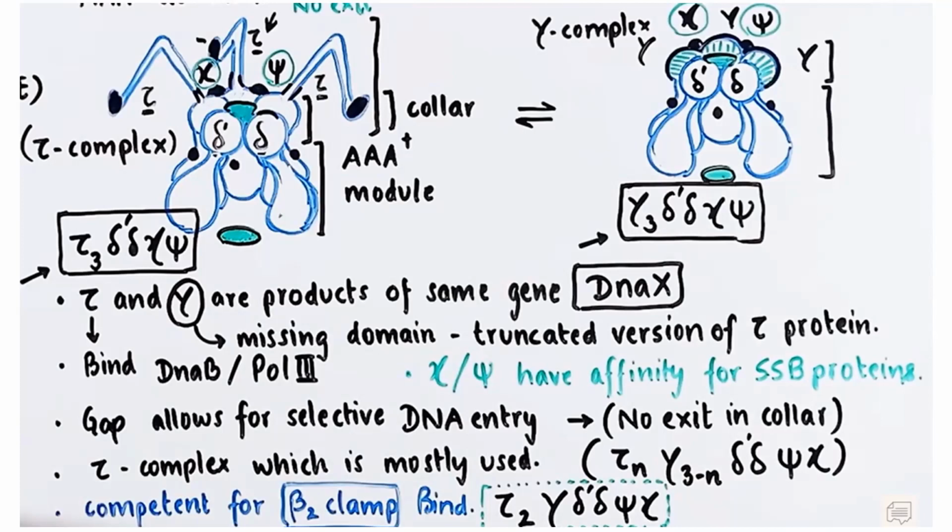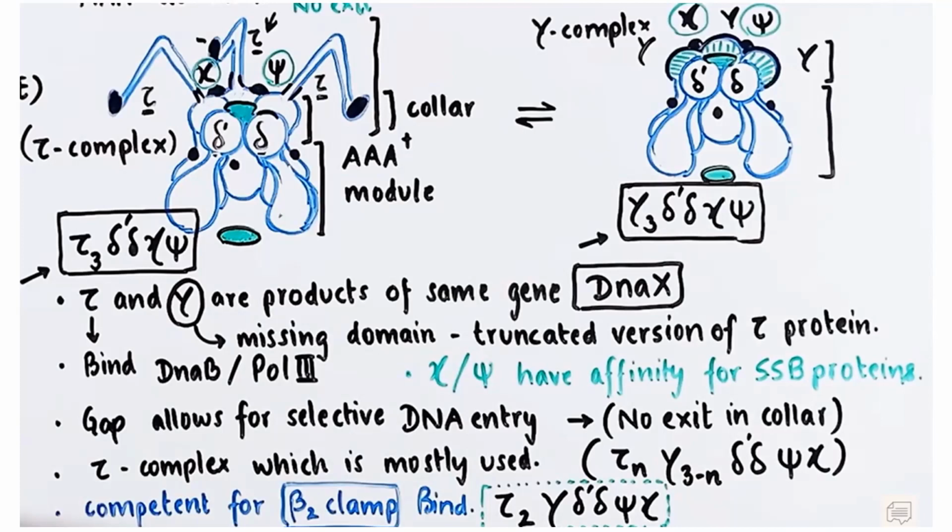The phi and chi proteins help in the recruitment of the clamp loader to the single-stranded DNA because they have affinity for single-strand binding proteins, and the gap, as I said before, helps in the selective entry of the DNA into the clamp loader.